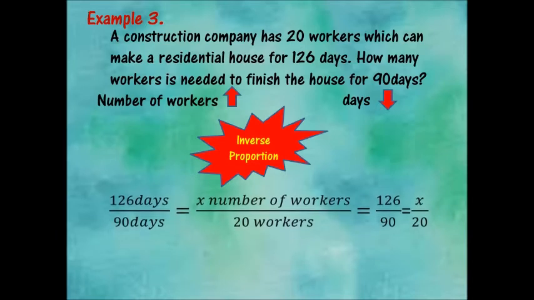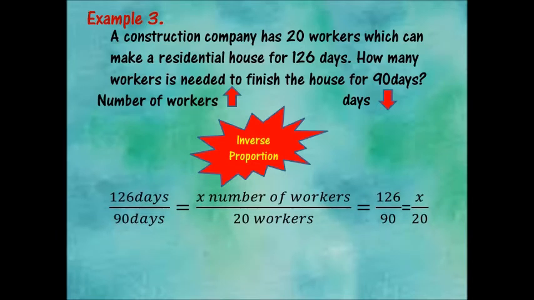So, gawa tayo ng ratio. So, we have 126 days over 90 days is equal to ilang workers ang kailangan. So, pag 126 days, that is 20 workers. And kapag 90 days, that is unknown. So, ito yung representation niya into numbers.